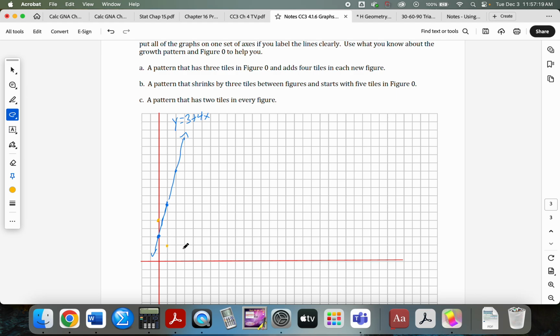Exactly right. So that's going to look like this. Someone else who hasn't volunteered yet, give me the equation for this line. Yes, sir. Y equals 5 minus 3x. Good. Y is equal to 5 minus 3x.